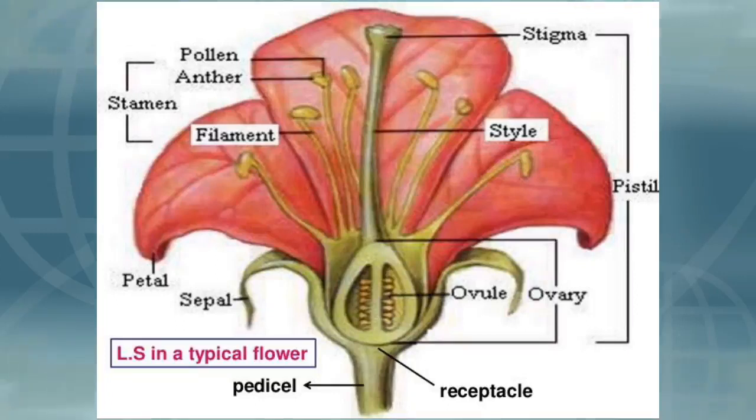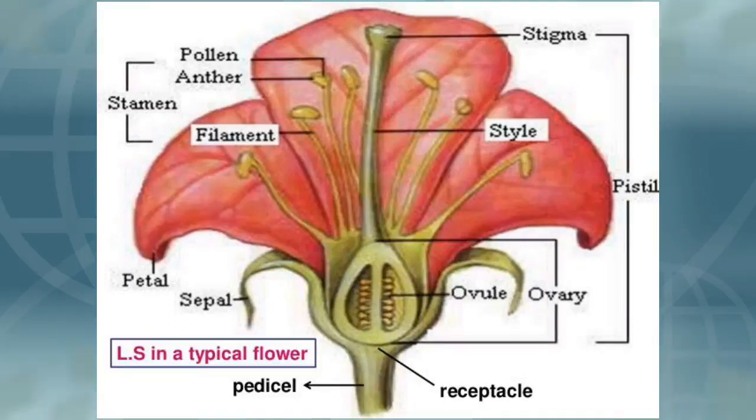The top portion is called stigma, which you are seeing in this image, the large base is called ovary, and a tube-like structure is called style that connects ovary and stigma.